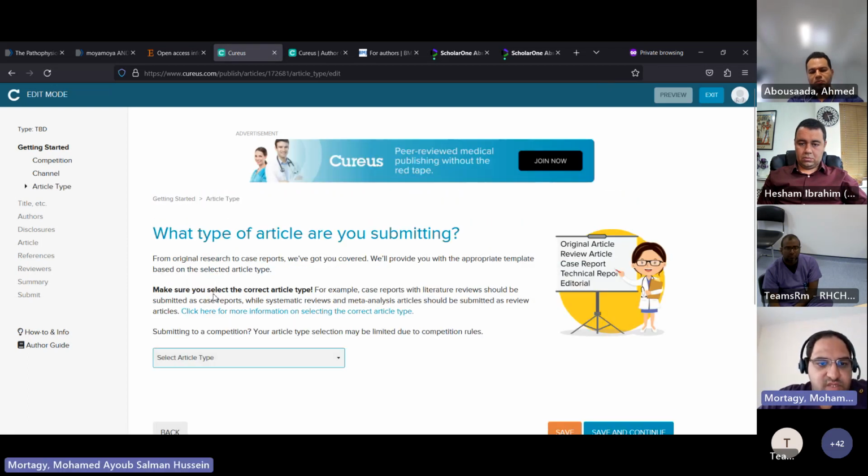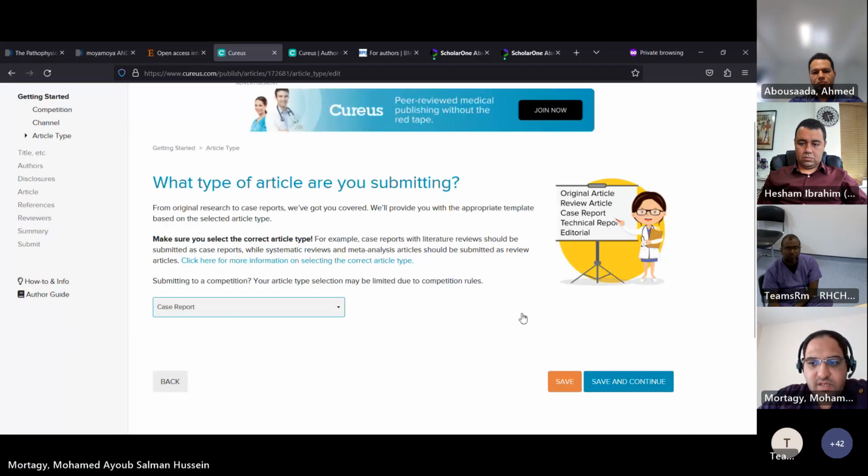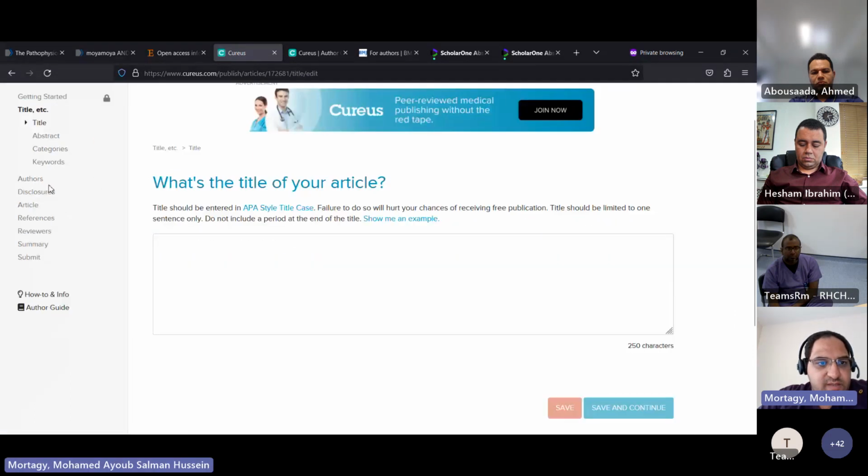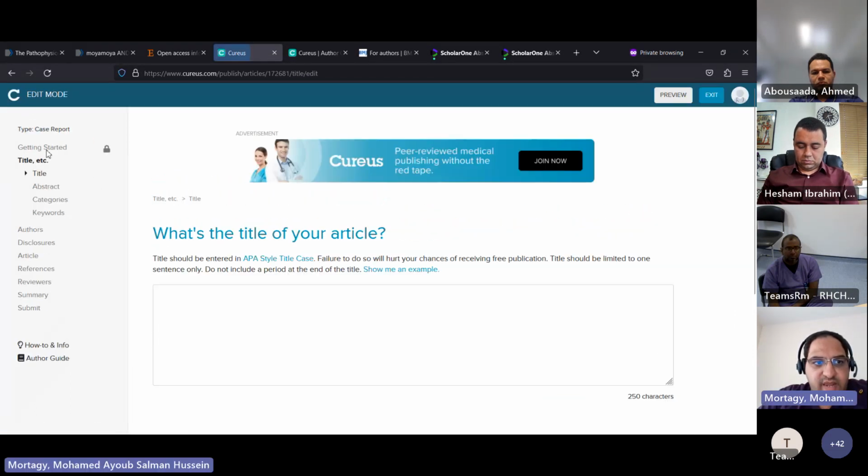And then article type, you choose a case report, save, and then it asks you for some other stuff here. It asks you for a title, abstract, categories of the paper, keywords. You're ready for all of that because you've written it already. Authors, disclosures, the article itself, then the references, and then you submit.